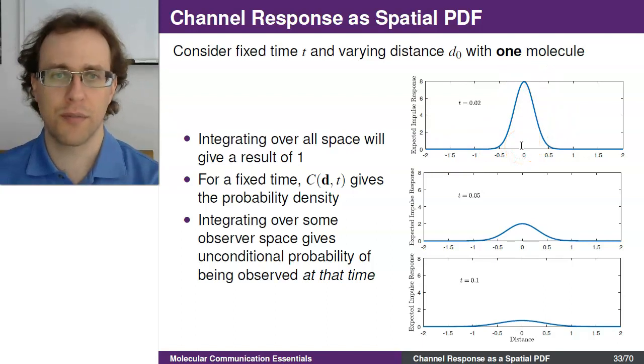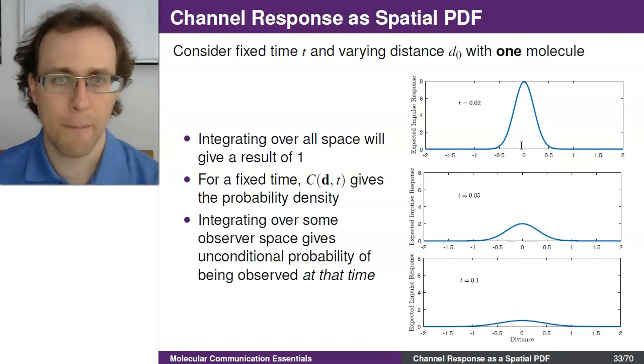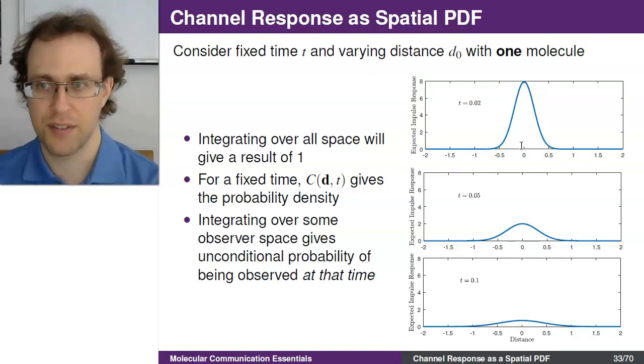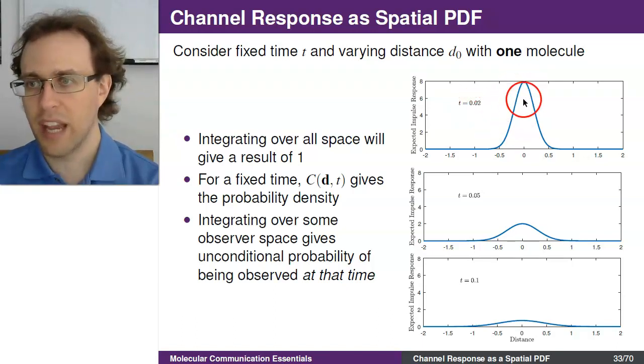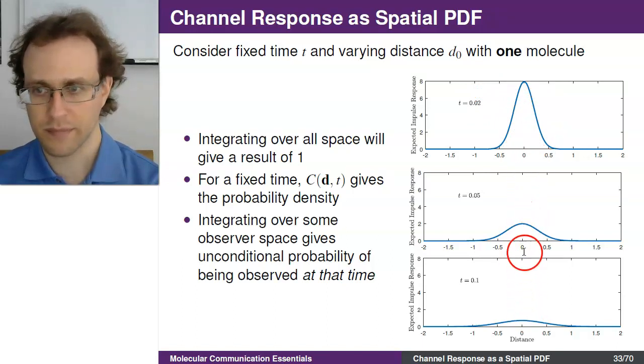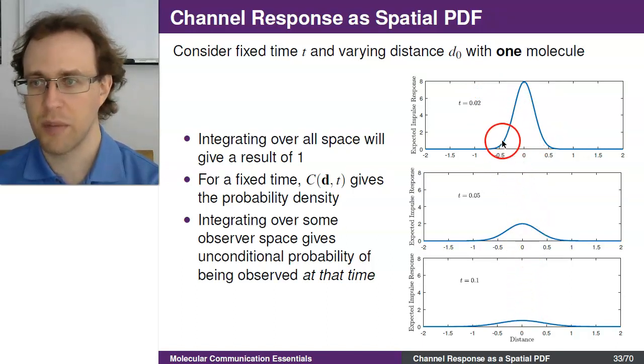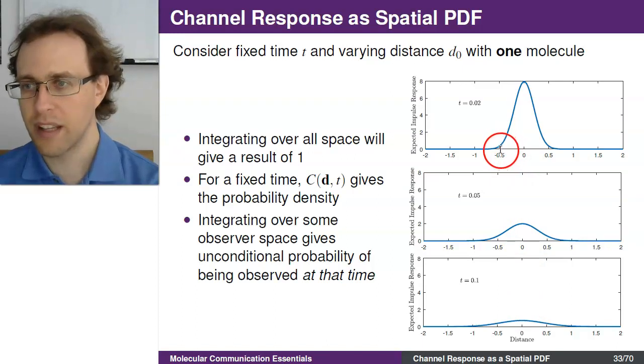When the molecules are first released, we effectively have an impulse at our transmitter, or distance 0. Then as time increases, we have this bell curve that gets wider and wider, showing the spread of a molecule. If we look at a fixed point here, at time 0.02, we have a small value.